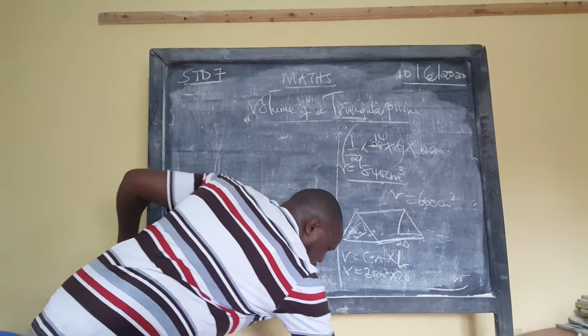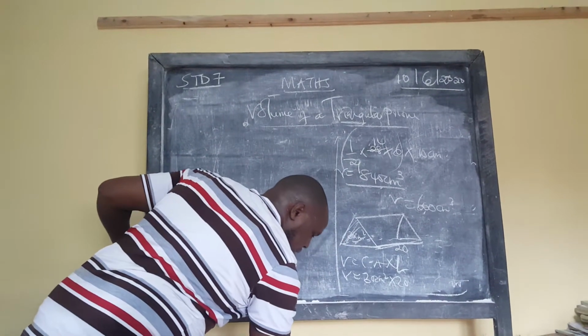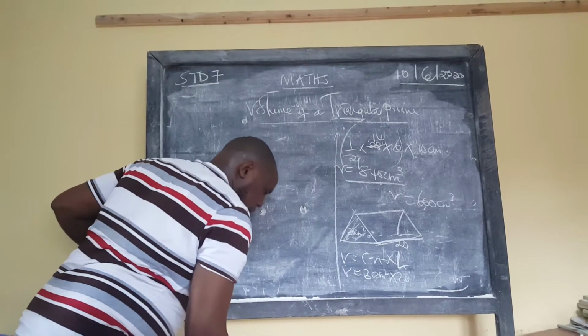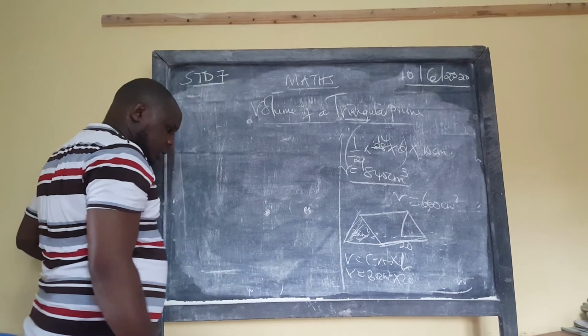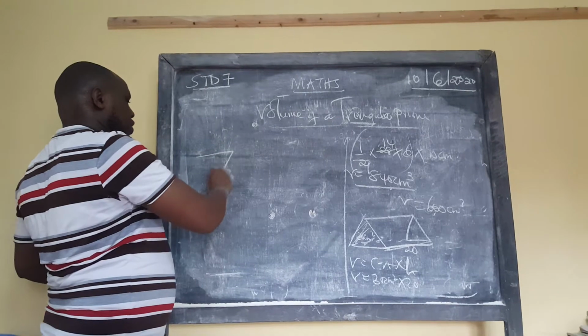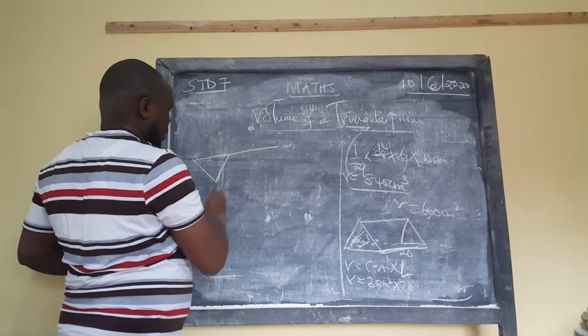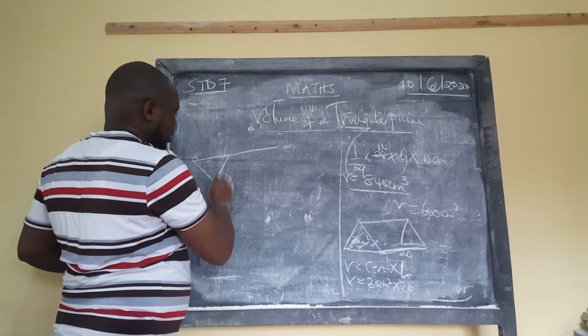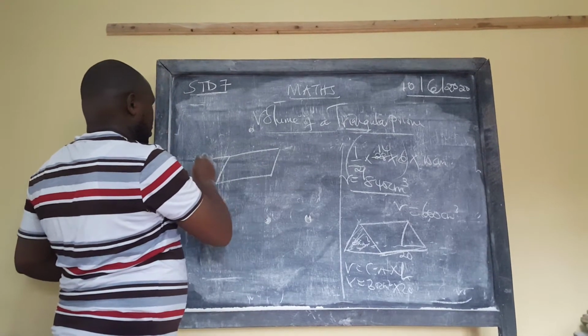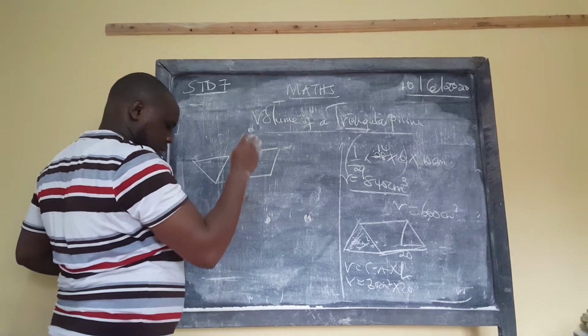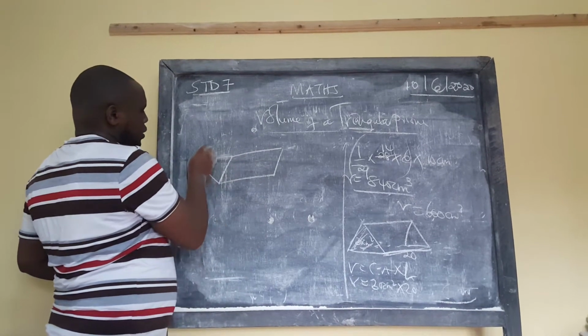So I want to give one or two more examples before we call it a session. You're given one like this, how it was drawn. Then it's supposed to be like this.